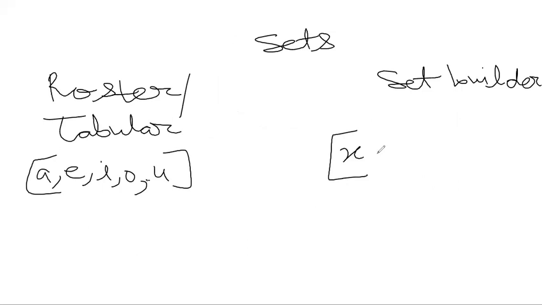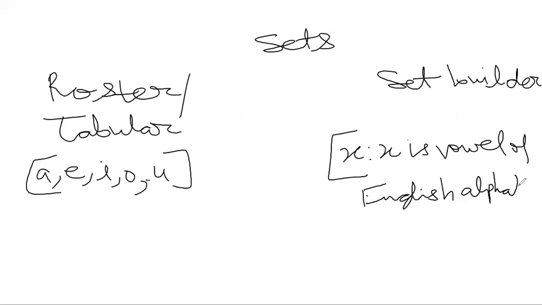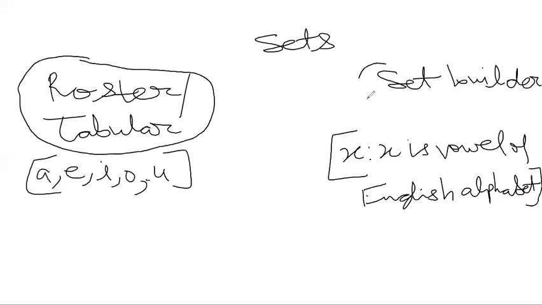If I am writing X such that X is vowel of English alphabet, then this is called set builder form. One is roster, or you can say tabular form, and the other is set builder form. Other examples also I will be giving you. Okay, now let us move further.